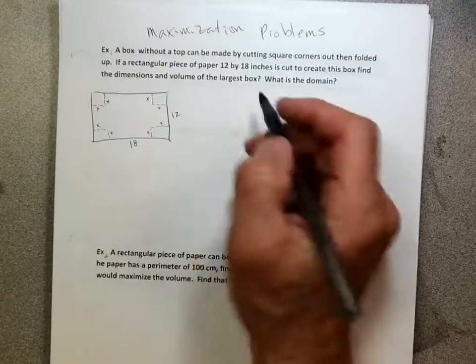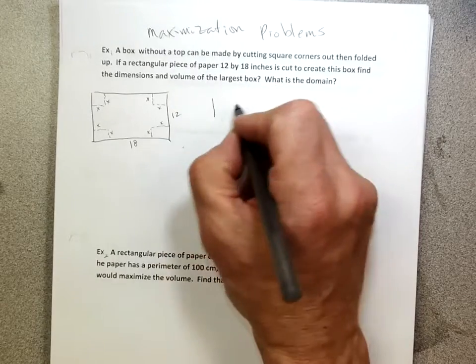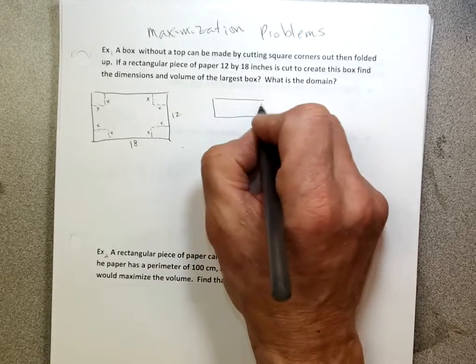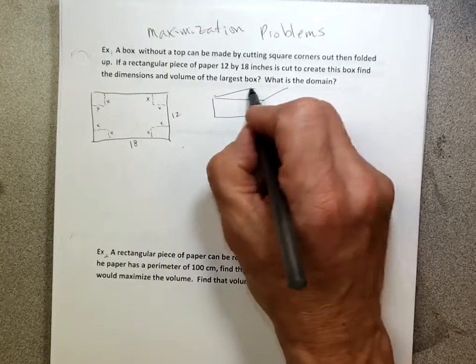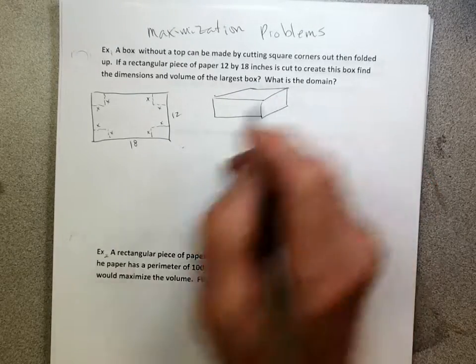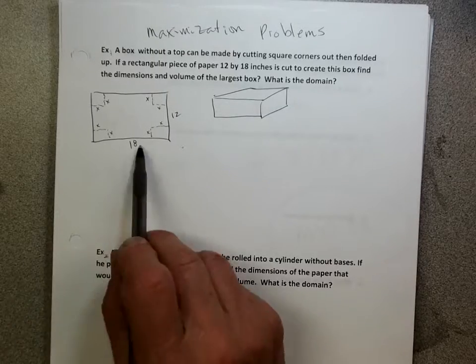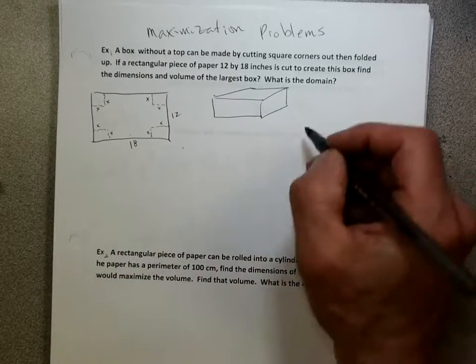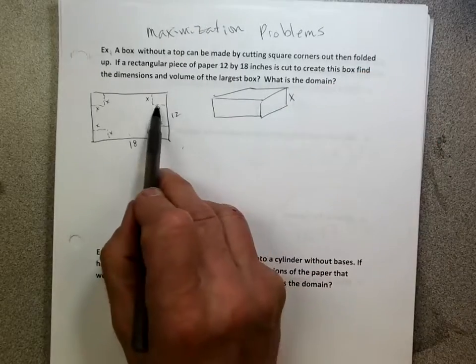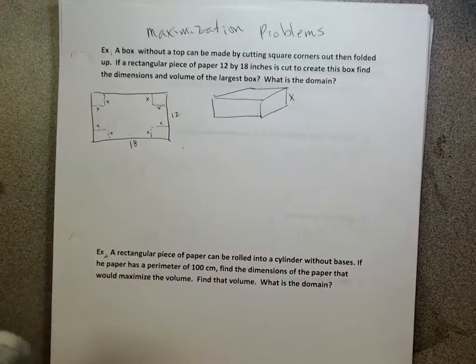Now if we cut these out and put the box together three-dimensionally, it looks like this. And again, hopefully you know how to draw a three-dimensional box. If you don't, worry about it. Do your best, right? So let's label this box. Now I do know the height of the box is X, because that folds up, right? We saw that.